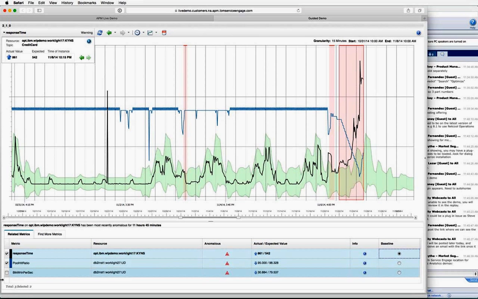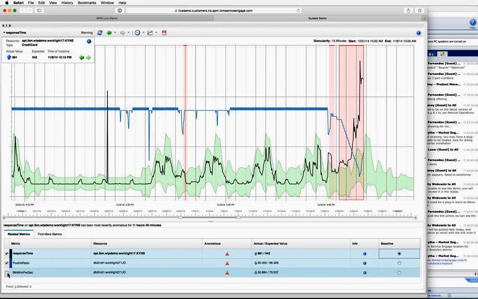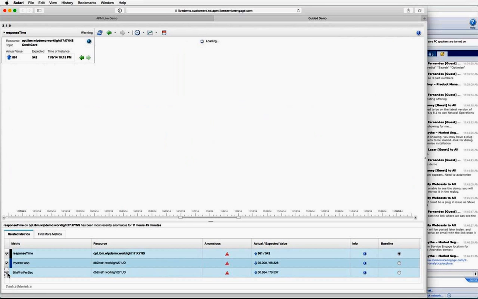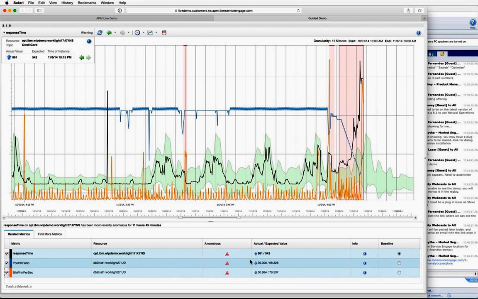And you can see there's a third metric, also from the database agent, around blocks written per second, and I can pull that onto the screen. In this case, the metric is causally related. It's not anomalous at the same time, but it is related, and it moves in a related pattern with both of these two metrics. So again, it's related and may be useful in helping you triage and diagnose the problem.